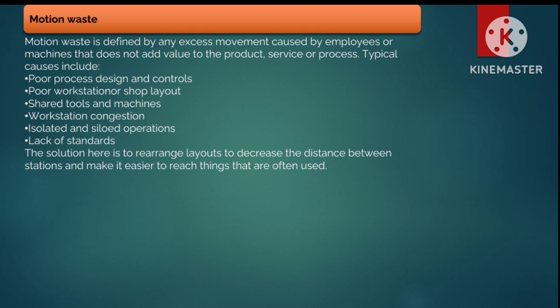So let's move on to the next type of waste, which is motion waste. How can motion waste impact the organization? Again, any services, any product, any parts, if you have to move around too much to get that thing done, that's a waste.